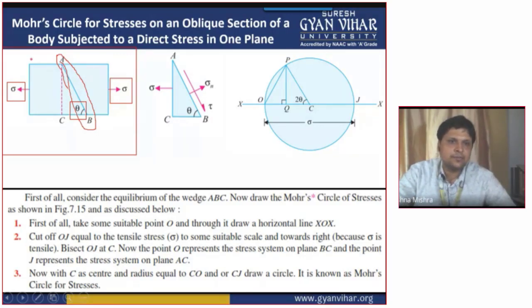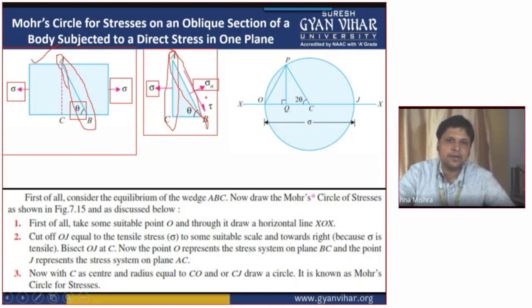Generally, this diagram we don't draw. In short, we draw a triangular diagram, in which this is the plane in which we have to calculate the stress, and the shear stress along this AC plane. That is given to you as sigma. You have to calculate sigma n and tau, students. So basically, how we solve it, let me tell you now.